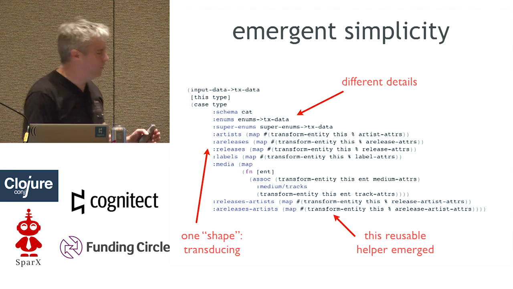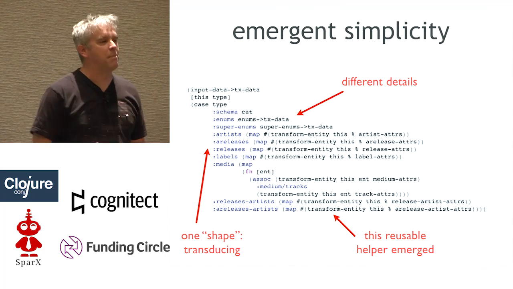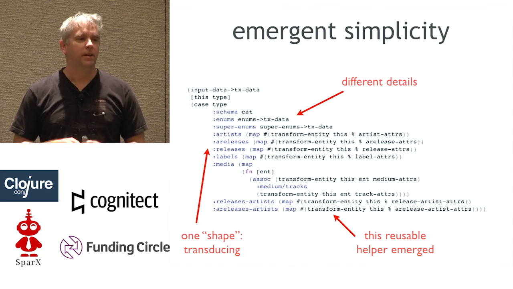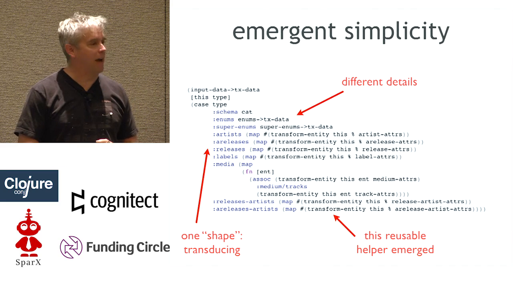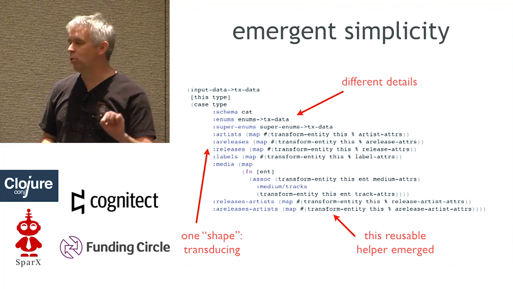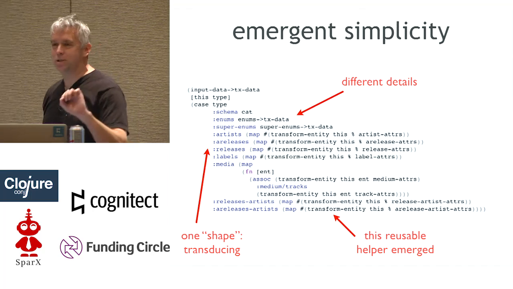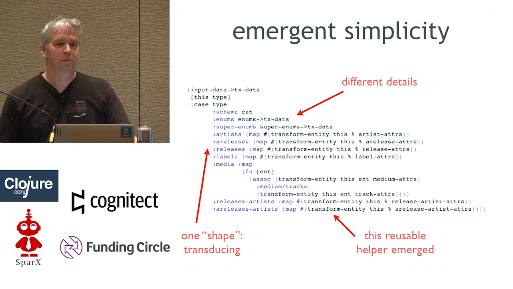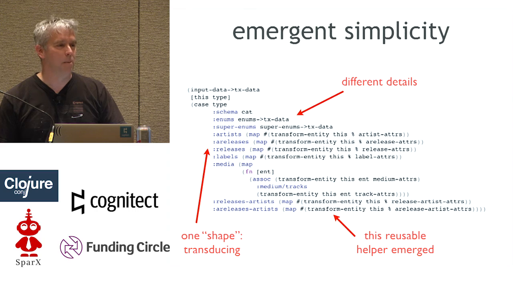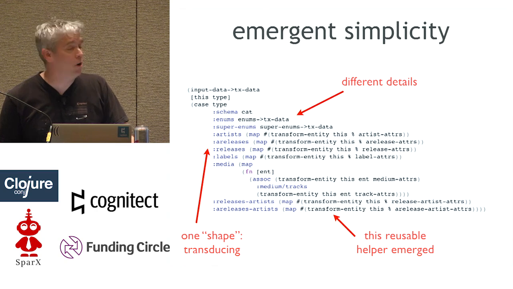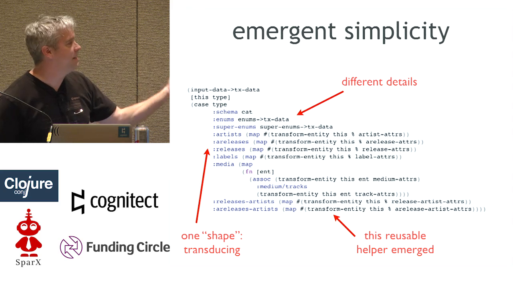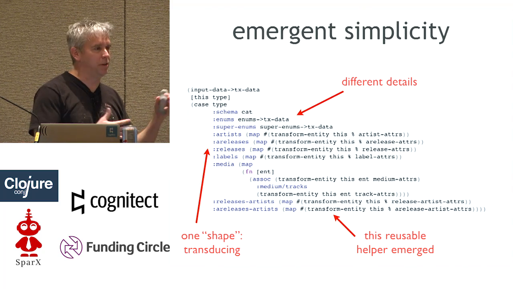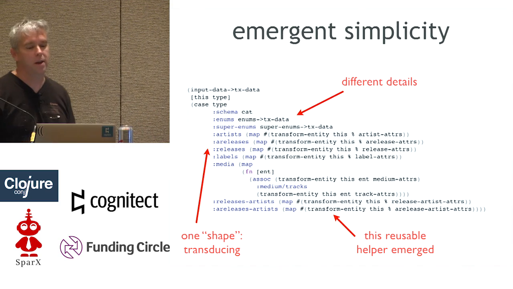Now, could I have done this by thinking about it and lying on a hammock? Yes, I absolutely could have. But just by adopting the rule that I have to write this stuff as transducers, it was actually impossible to avoid noticing this opportunity for reuse that had not occurred through at least a half dozen revisions of this ETL job. And so I was able to discover this piece of fairly generic code and pull it out.